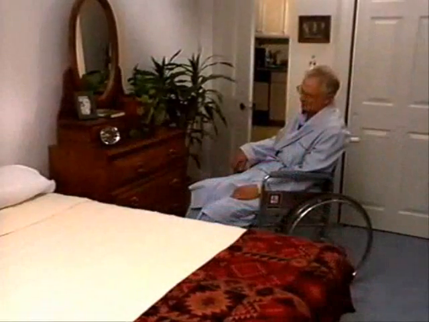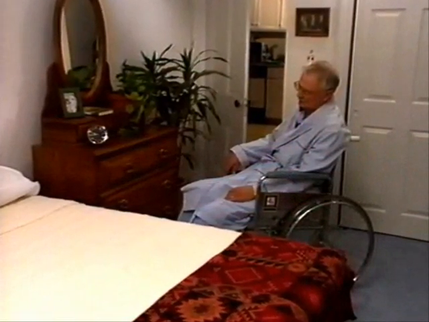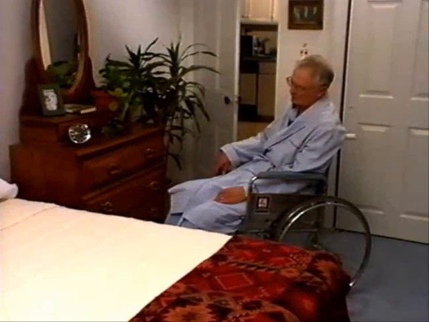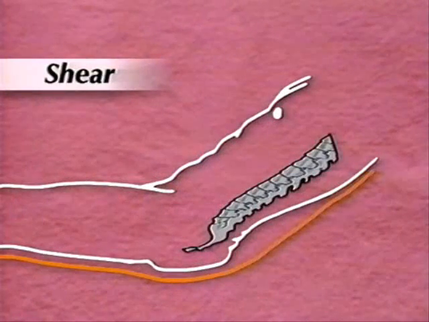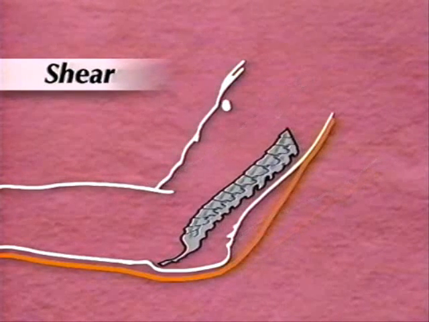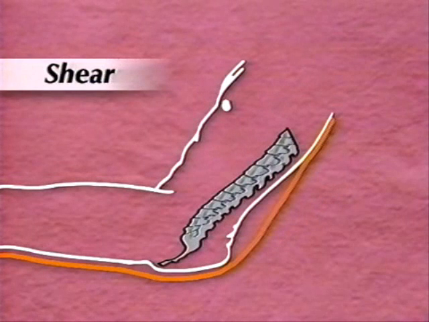For example, if a patient with a stroke sits in a wheelchair for a prolonged time, leans to one side, and doesn't change positions frequently enough to relieve pressure, he may develop a unilateral pressure ulcer over an ischial tuberosity. The AHCPR guidelines also explain that a pressure ulcer may result from shear, when adjacent parts of the body slide across each other, producing a shearing force that twists and distorts blood vessels.